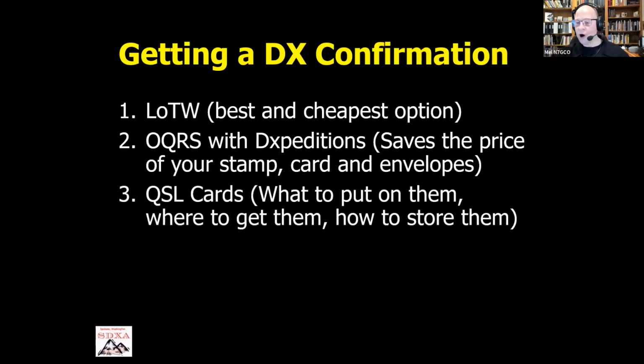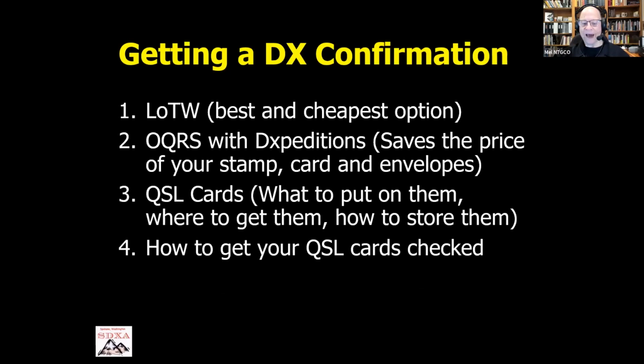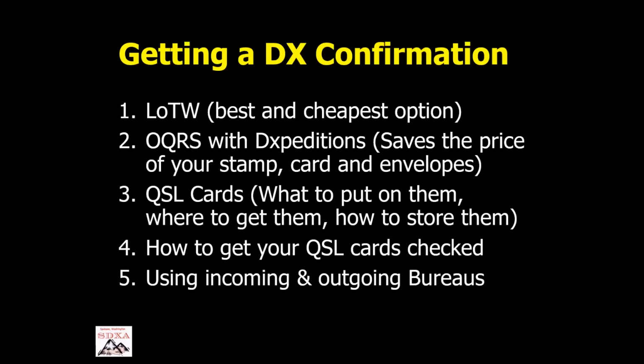Then QSL cards, and we'll talk about what you put on them, where you get them, how you store them. And then related to that, how do you get those checked where you get credit for them? We'll show you how to do that. And then how do you use incoming and outgoing bureaus? So we're really going to look at 5 things in the course of the workshop tonight.